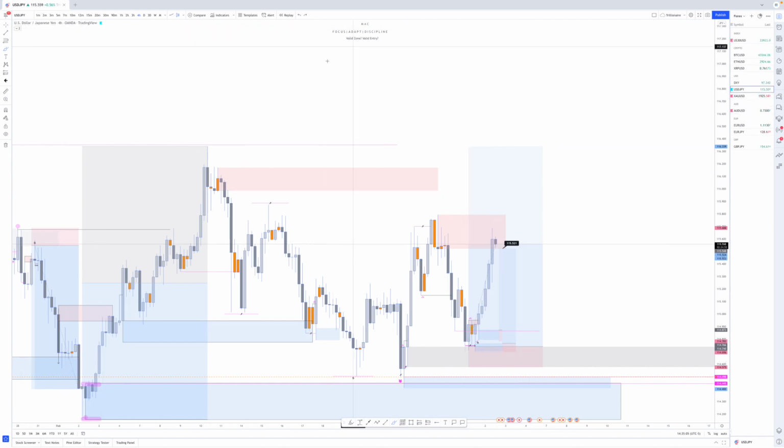This asset right here is USD versus the Japanese yen. That means we can either hedge the Japanese yen against the US dollar, or we can hedge the US dollar against the Japanese yen. So no matter which asset is doing good or bad, we're able to hedge the market and still produce results. That is why it's important that you really understand this concept of hedging.